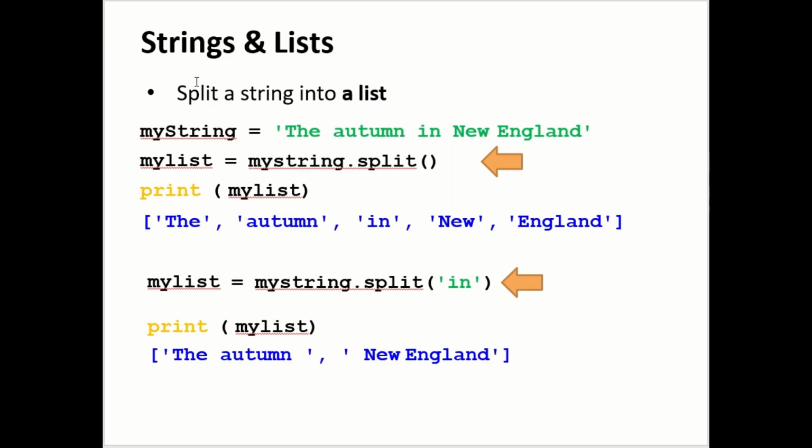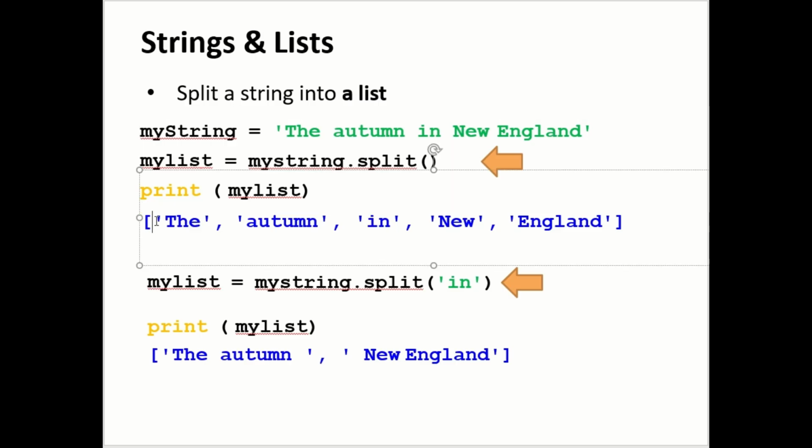Strings and lists. I'll cover 2 methods here, the split method and the join method. So split, we call it on a string here. My string, the autumn in New England. My list equals my string dot split with no required argument.